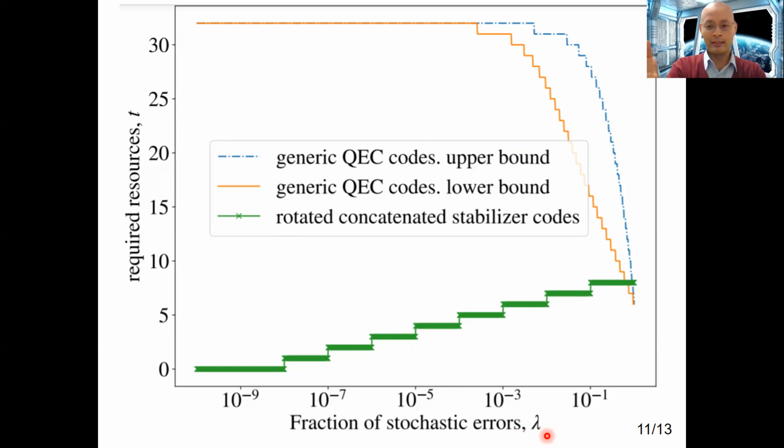Now let us consider the scenario where stochastic errors are rare, for example, if stochastic errors occur with probability like 10 to the -9. In that case, this plot I have over here shows that if you want to have a target level of infidelity for the quantum code, for constant excitation codes, you can just use the Newell-Laflamme code and you have essentially no errors.